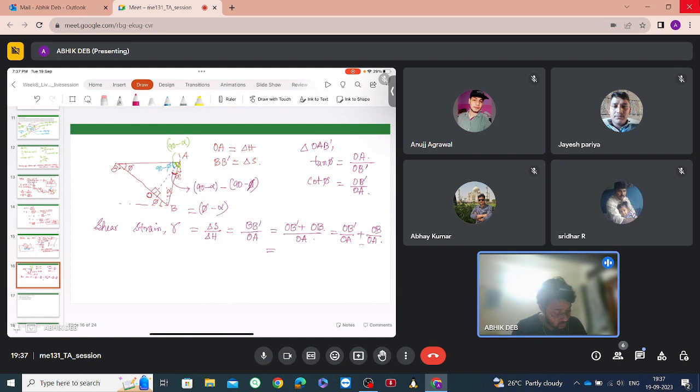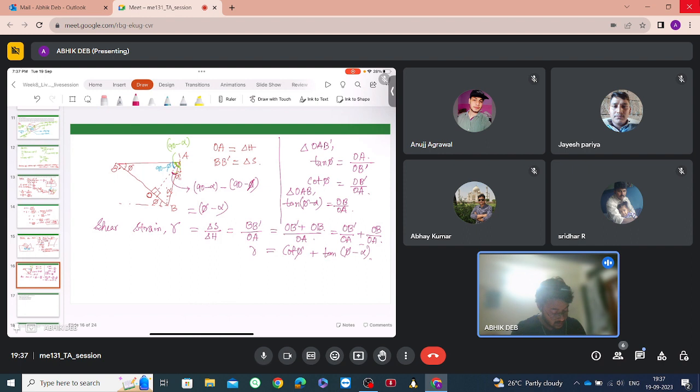So this is equal to cot phi plus now OB by OA. This angle is phi minus alpha. So in triangle OAB, tan of phi minus alpha is equal to OB by OA. Okay, so OB by OA is equal to tan of phi minus alpha.